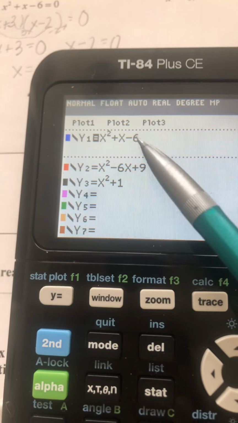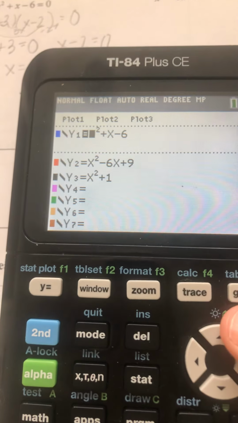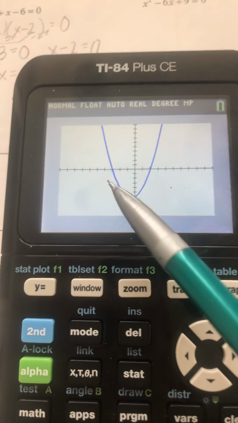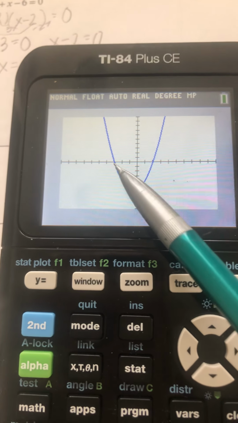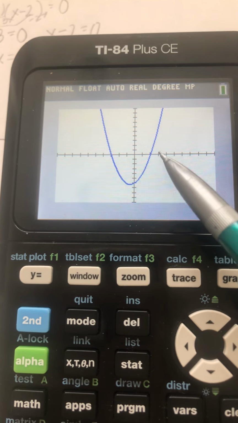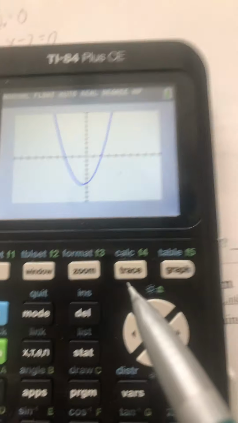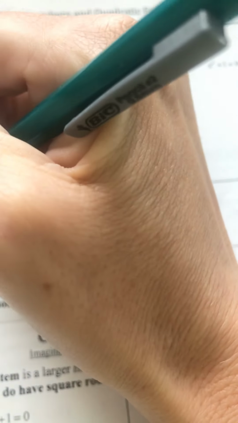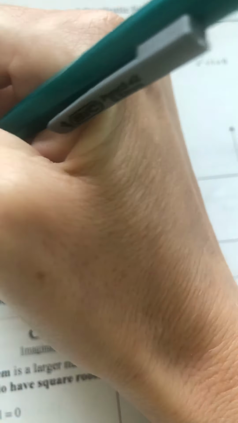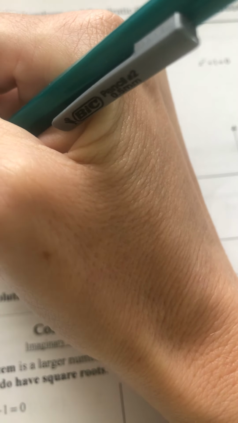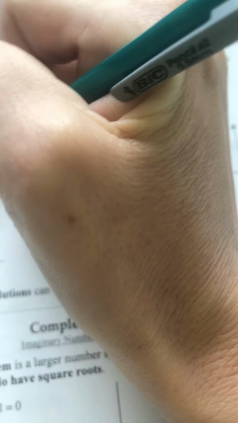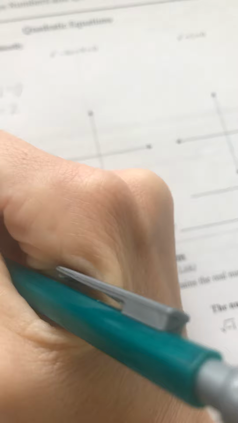So I'm just looking at the graph of that because I have that equals sign highlighted. If you look, it crosses the x-axis at -3 and at 2, which are the solutions. And we did that during that unit also. So this is just a reminder. It looks something like this, and the solutions are -3 and 2.